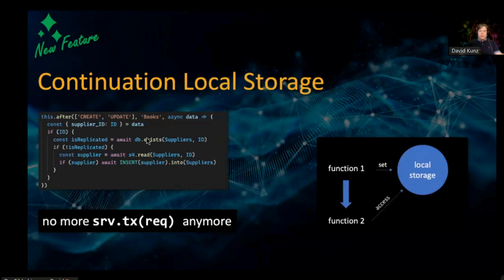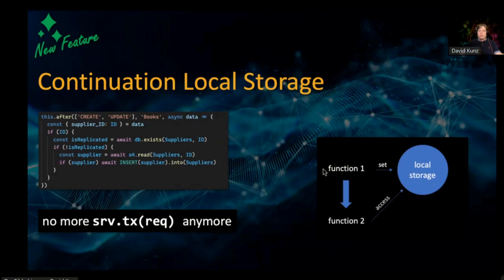In the code I showed you, you could see a lot of db exists s4 read insert supplier. And you might be wondering why I never write srv.tx.rec, because that's supposed to be the thing you have to write all the time to propagate user information and so on. The reason is we use continuation local storage, which is a relatively new feature, or it's based on async hooks on Node.js, which is relatively new.